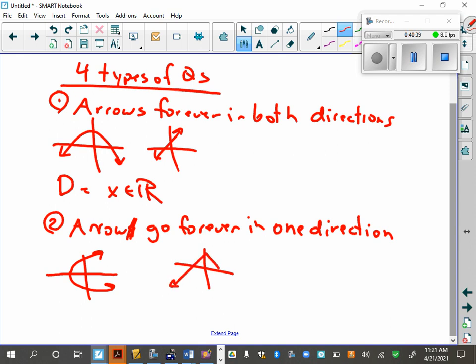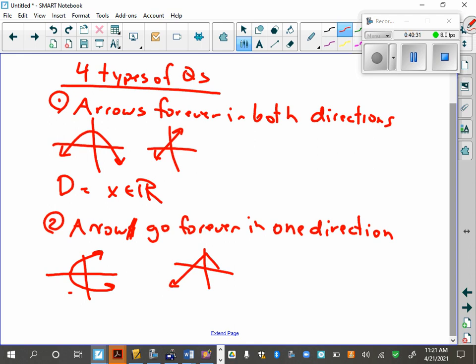I could also put in range, but we're just talking about domain here. The domain here is, we'll say -2 and forever.